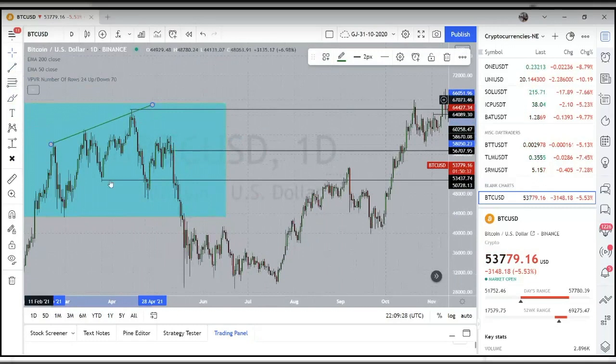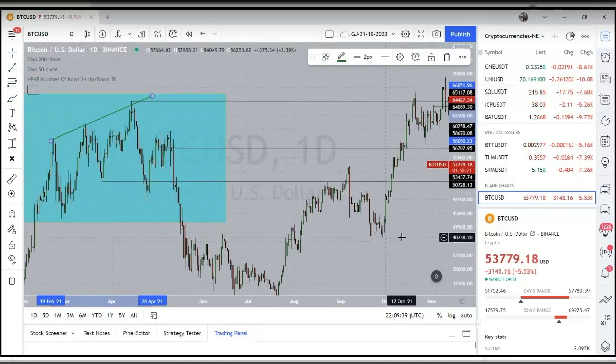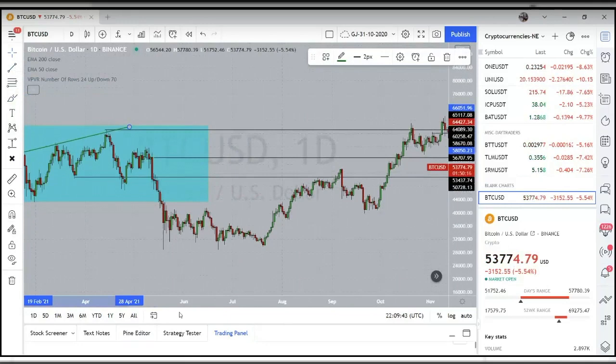We've got the break of structure here. We've got the swing failure, and then we've got the dump. I think we already talked about this, but yeah, break of structure there.